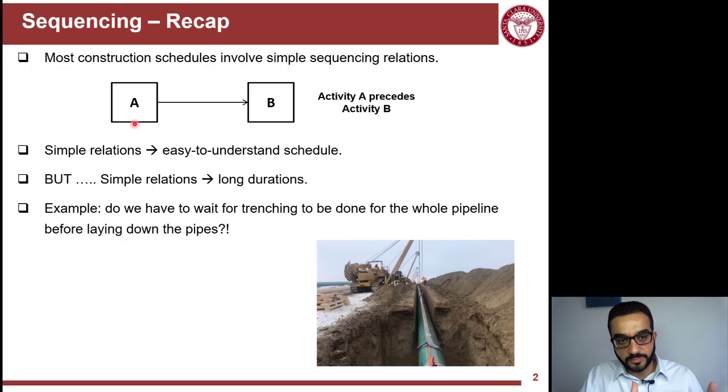Whenever I finish trenching a segment, I will lay down the pipe in that segment, and you can phase or sequence it this way. So it will allow for concurrent execution of activities. And we'll learn about a completely different method than CPM, which is called linear scheduling. That's a different lesson.